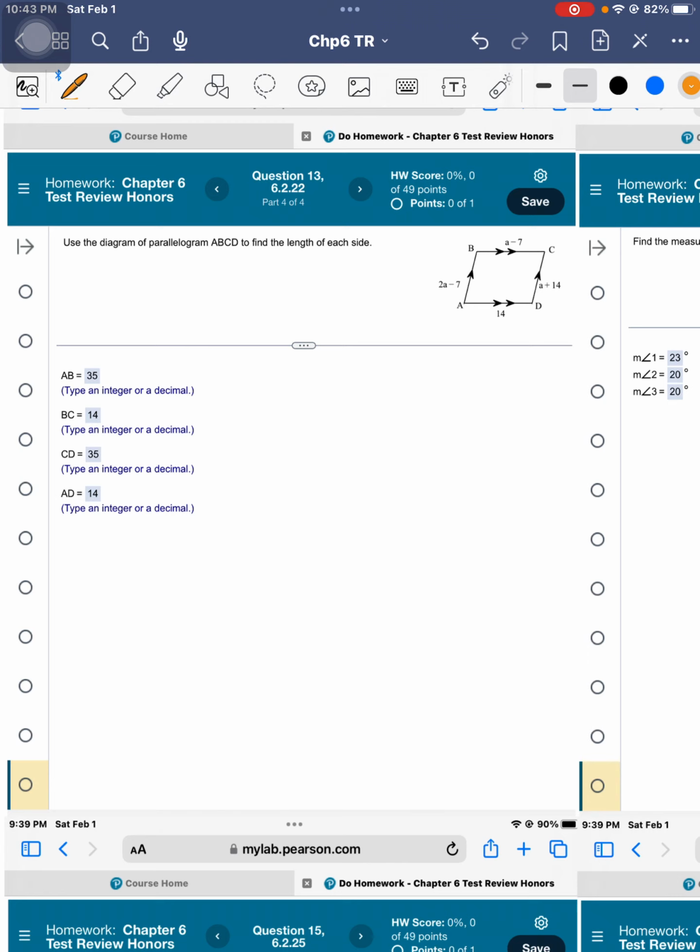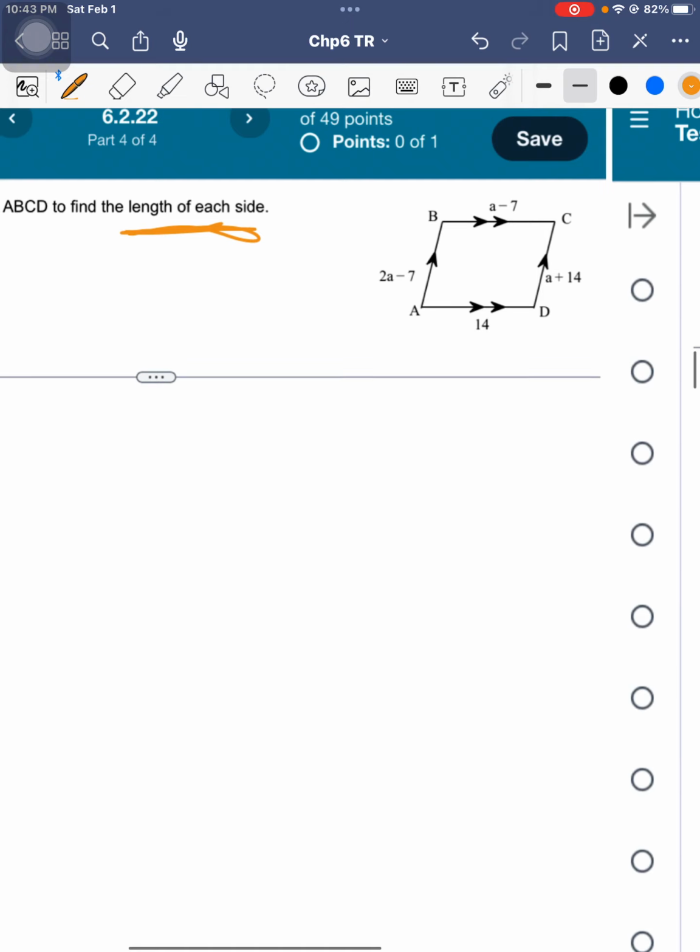All right. So the next one, it's another parallelogram. And what do we know about parallelograms and the length of the sides? That they are congruent. So let's set them equal to each other. So let's set this and this equal to each other. So a minus 7 equals 14.